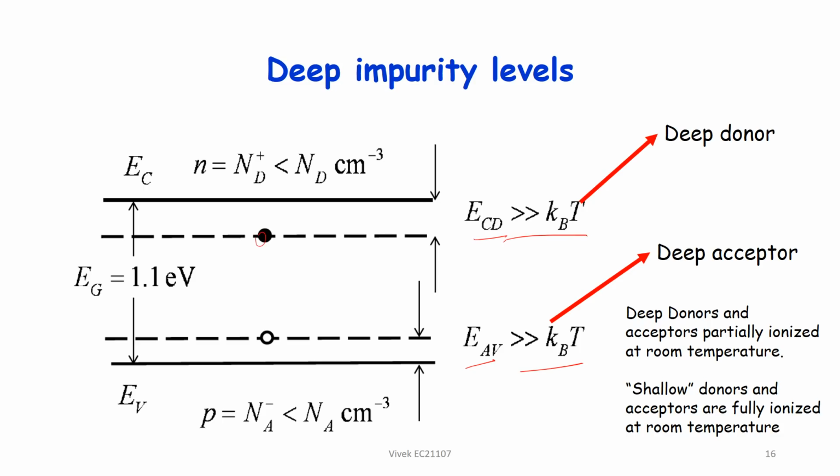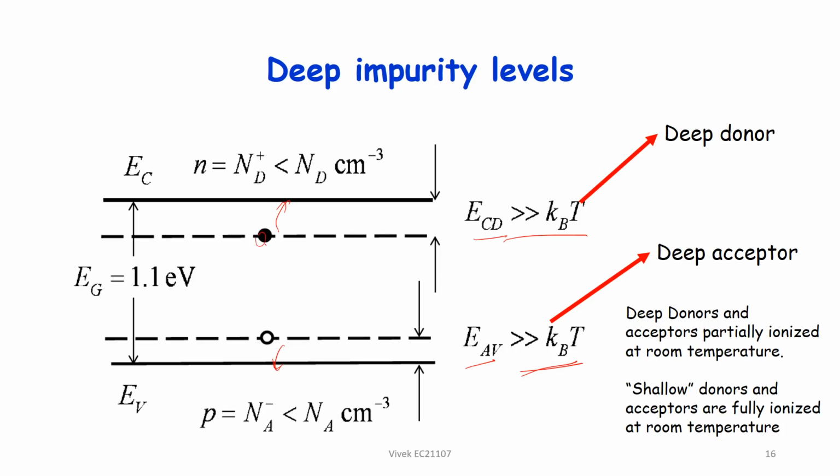Then of course it is difficult for an electron to jump across to increase the number of electrons or holes. These energy levels are deep in the band gap.